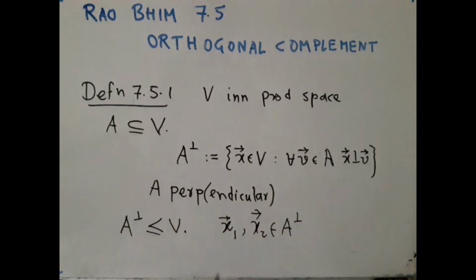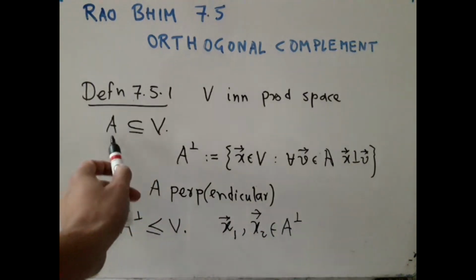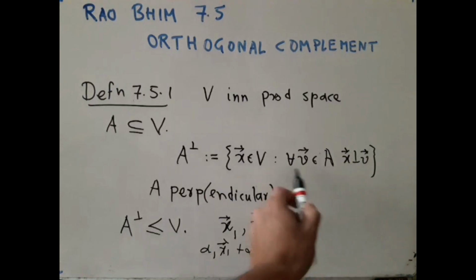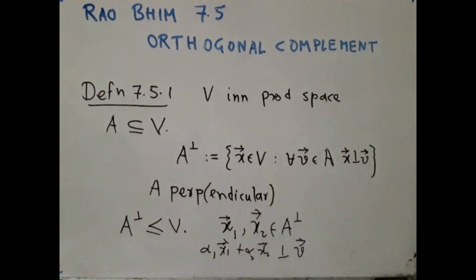Then these two are orthogonal to anything in A. Now if I take any linear combination of these, say alpha 1 x1 plus alpha 2 x2, then that will also be perpendicular to whatever v in A you take, because of the distributivity property of the inner product over its first argument. So whatever subset I take, its perp is a subspace.